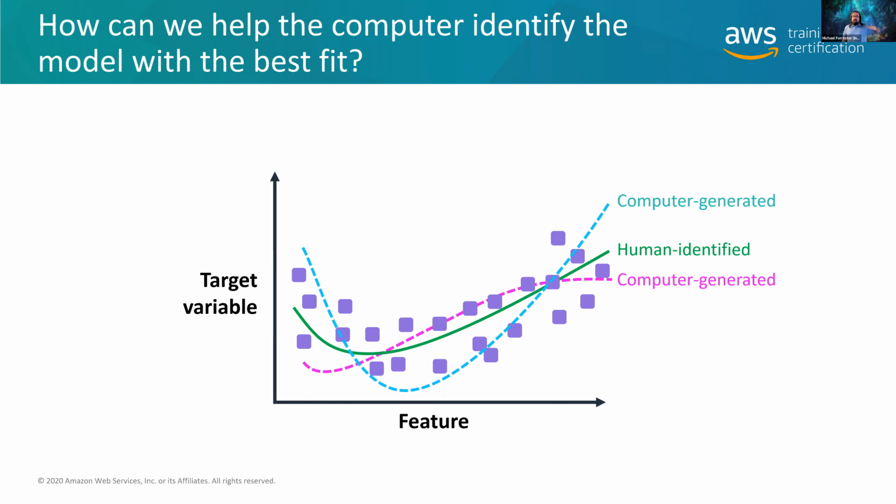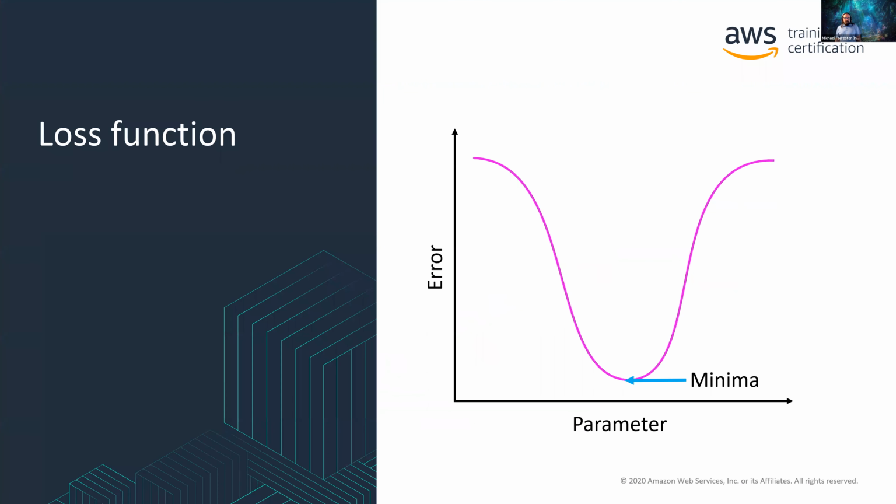A computer is going to need a couple of components to achieve the same result. It's going to need a way to measure that error, which is called a loss function, and it's going to need a way to optimize. Like what technique is it going to use to optimize the formula to get it as close to fitting as possible? The loss function, which is sometimes referred to as the objective function.